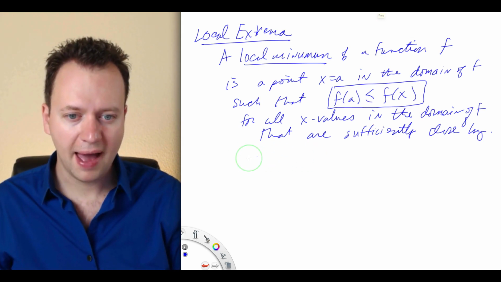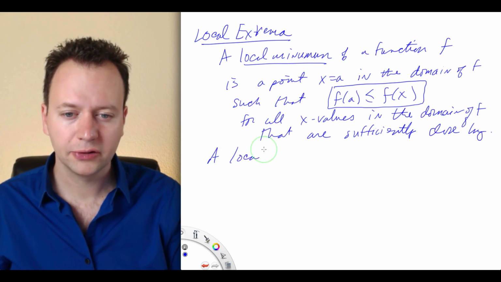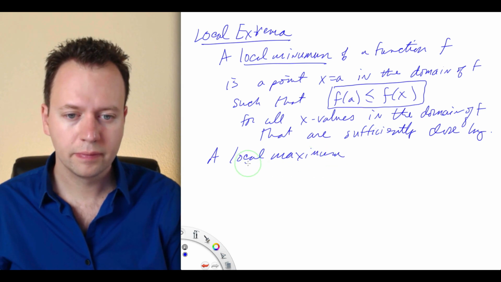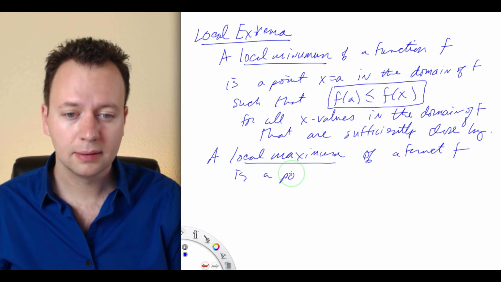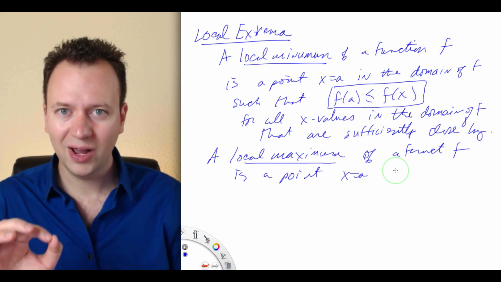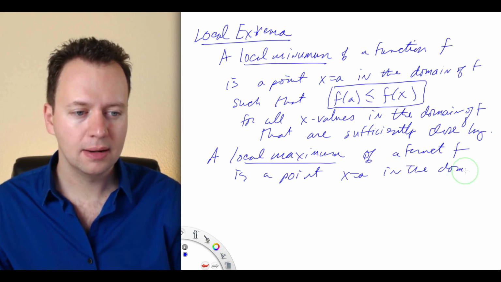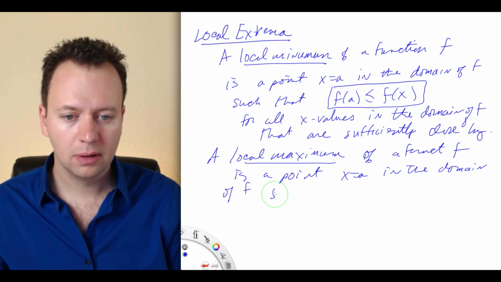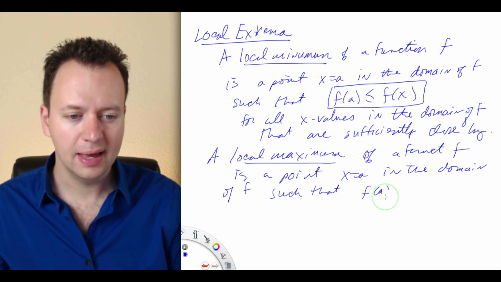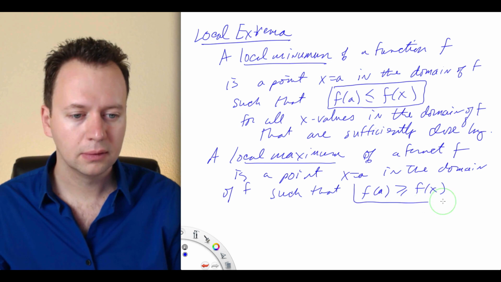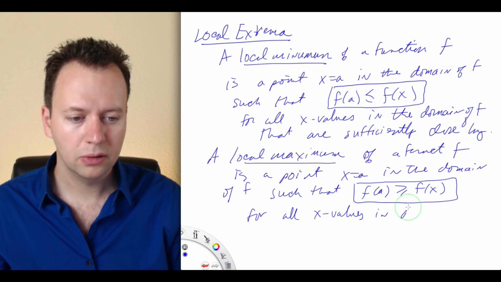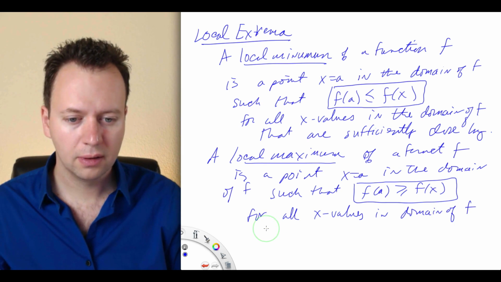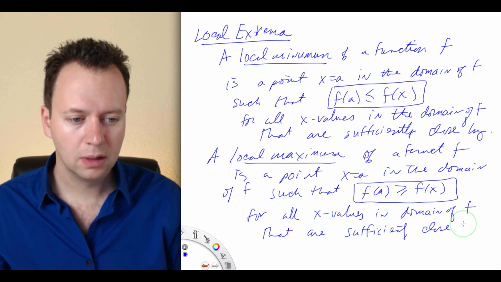For a local maximum, we can just copy most of this. A local maximum of a function f is a point x equals a, so that's the point a in the domain of f, such that f of a is greater than or equal to f of x for all x values in the domain of f that are sufficiently close to a.